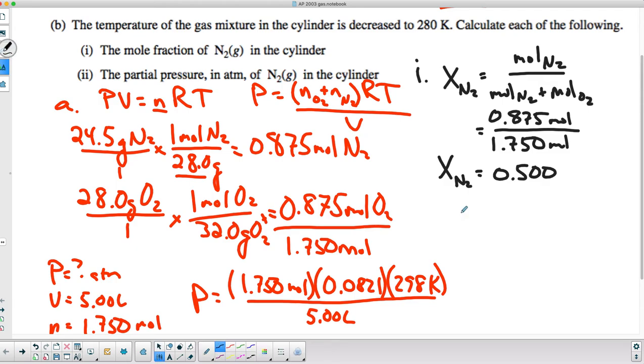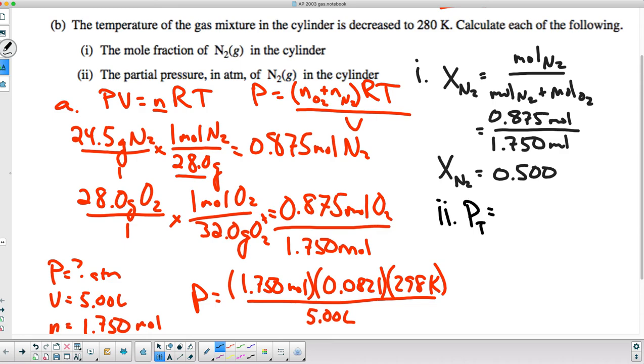Now let's take a look at part II. For part II, it says the partial pressure in atmospheres, but we have a new temperature. So we are going to have to do this all over again.